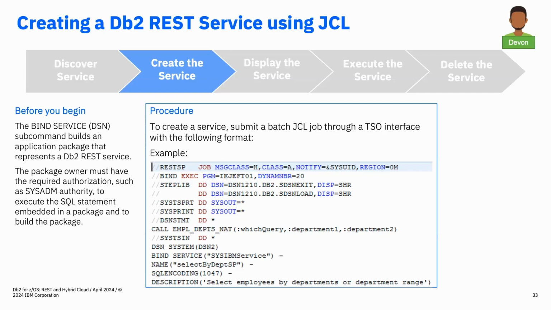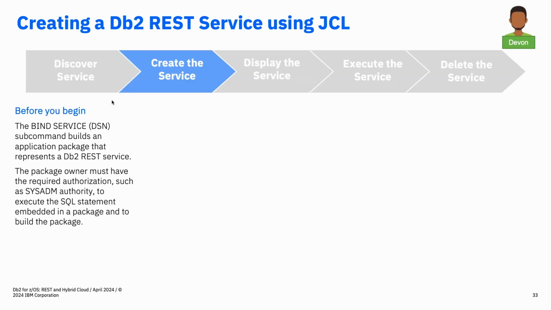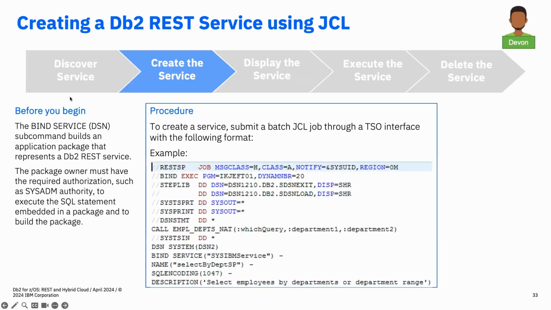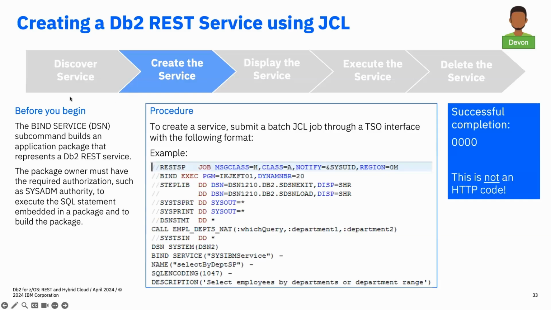Feel free to add more to the chat, and perhaps Tori and I can also talk about that a little bit more. But at least in DB2 for REST services, you do need the correct authority to create the service. And if you're using the bind subcommand, you'll get the DB2 code 4000 when it's successfully completed.